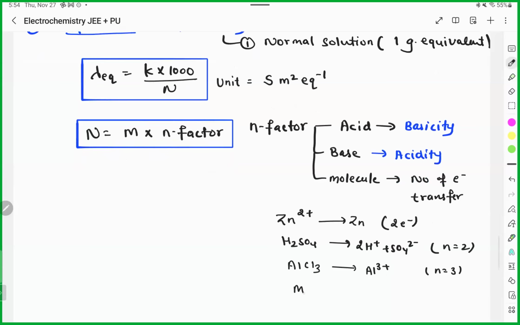And if you have Mg(OH)2, this is a base, it can produce 2 OH ions, so the n value will be 2. Understood? So this is how we calculate n factor, and these are the most common cases.